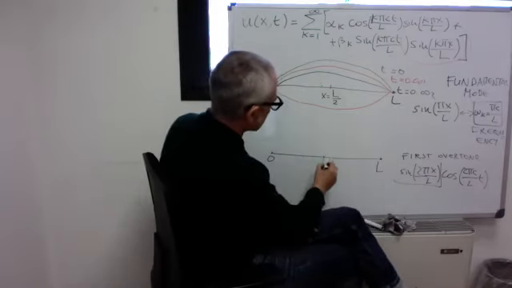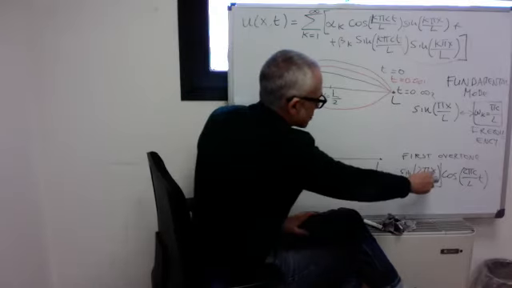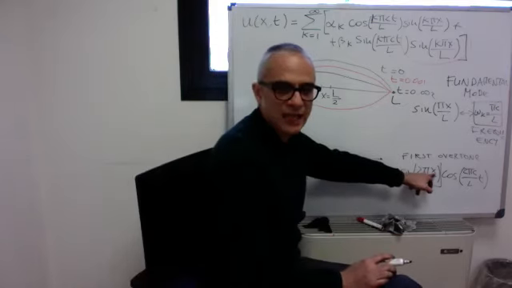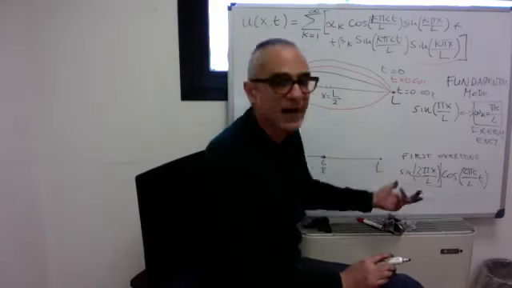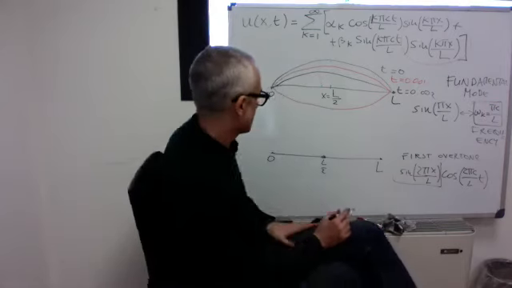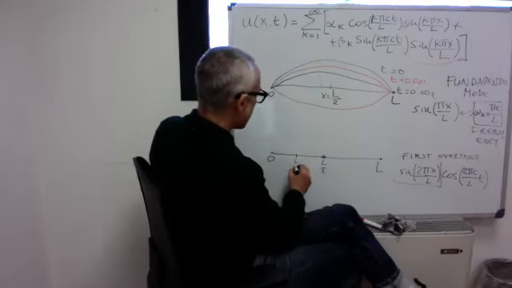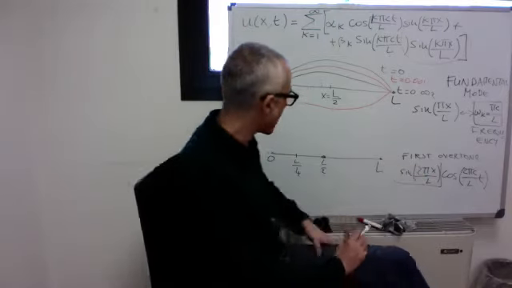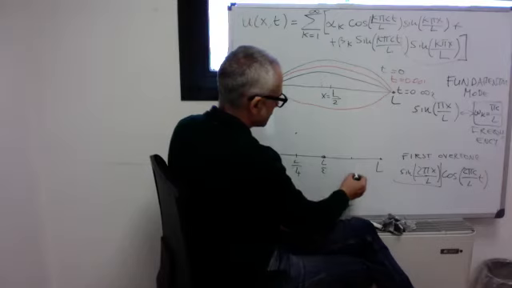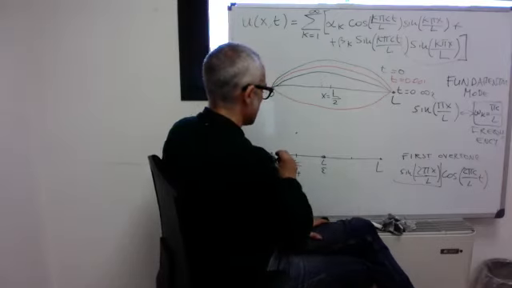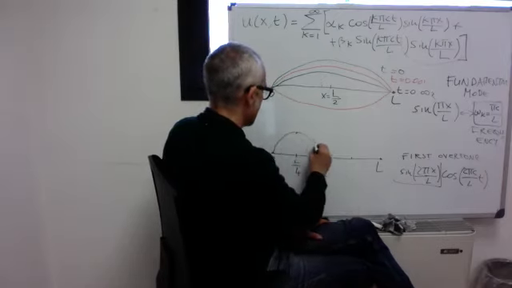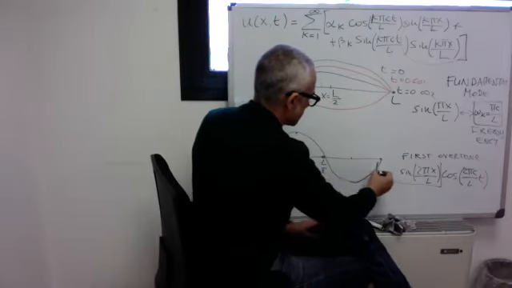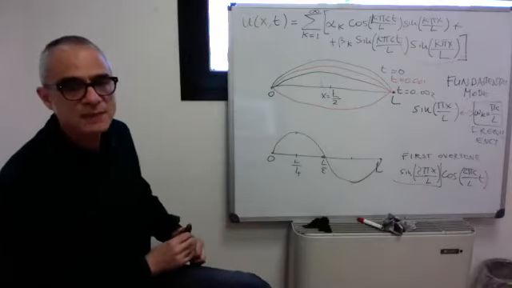At L halves, when x equals L halves, I also get 0, because if I substitute L halves in here, I get pi. The sine of pi is 0. At L quarters, L divided by 4, I get the sine of pi halves, which is 1. And here I get minus 1, the sine of 3 halves pi. Okay, so this is how the first overtone looks in space.